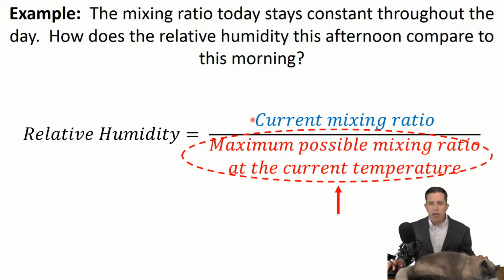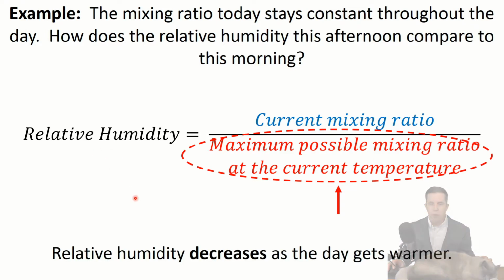So that means we're taking a number, even though we don't know what the number is, and we're dividing it by another number that's getting bigger. If you divide by a bigger number, you get a smaller answer. So from this, then, we can predict that the relative humidity is going to decrease as the day gets warmer. We're dividing by a bigger and bigger number as the day goes on.